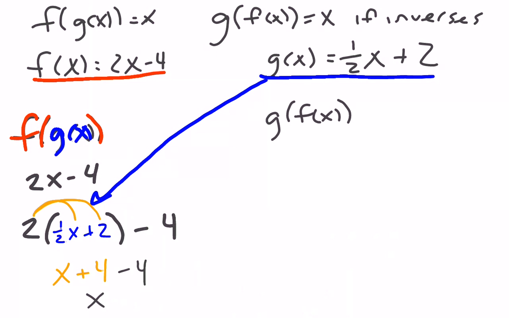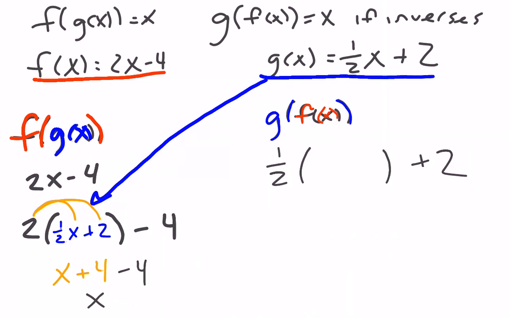Now let's try putting our red function into the blue function. So if I write what I like to call the structure of the problem, the structure of g of x is 1/2 times something plus 2.